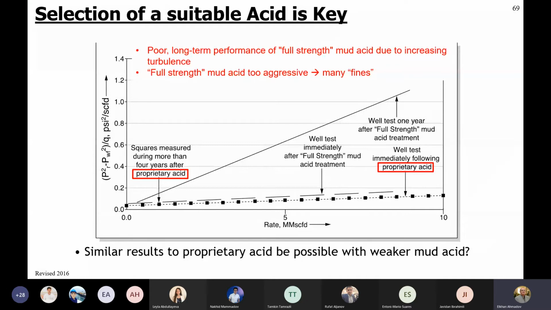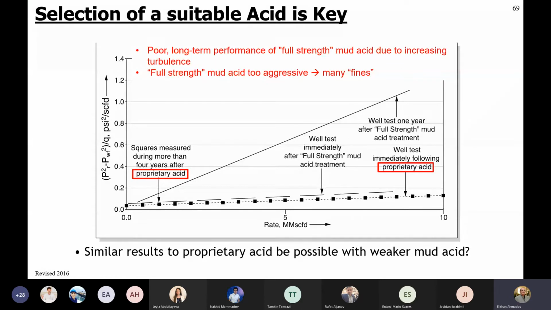But proprietary acid was designed exactly for this case, for this field, for these rock properties, mineral content, chemical composition of fluids and the rock, and therefore it worked for a longer time.